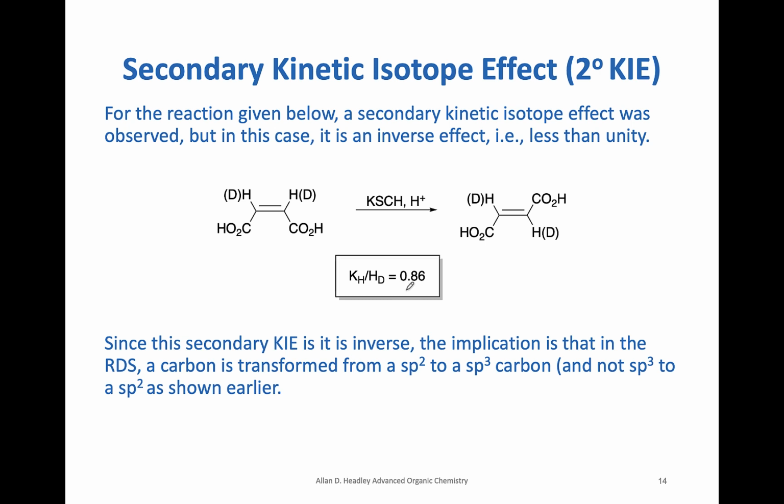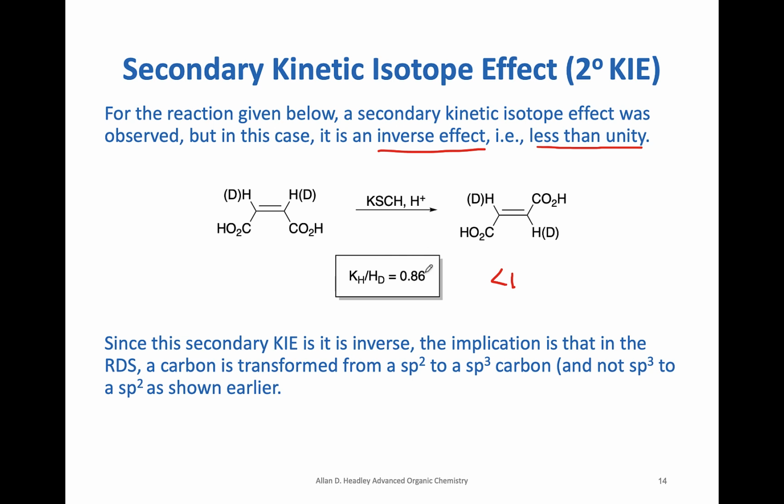Let us look at another reaction, and I want to point out again that this value is less than unity, less than 1. So we call this an inverse. The other one was a normal secondary kinetic isotope effect, greater than unity, and the inverse is less than unity.